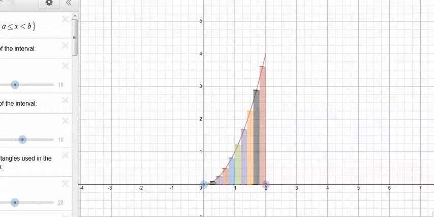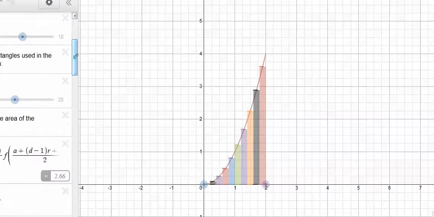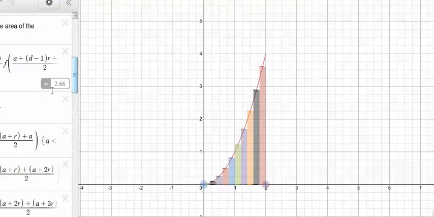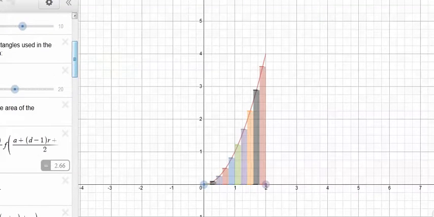So this is an MRAM demonstration. And you can see it's hitting at the midpoints here, all the way up the curve. And it calculates the area over here as 2.66. I'm not going to do the calculations, but you can easily say, oh, it's just a bunch of rectangles.